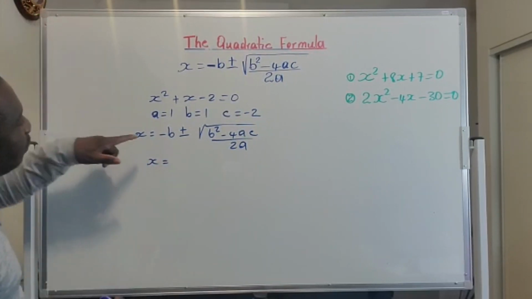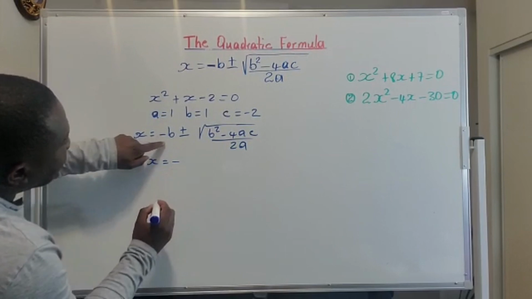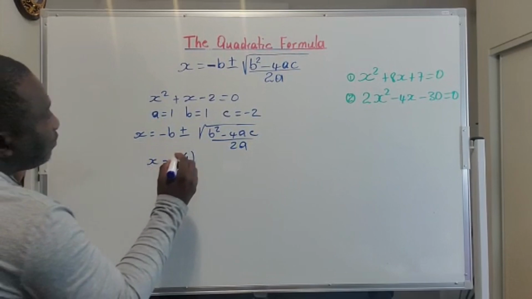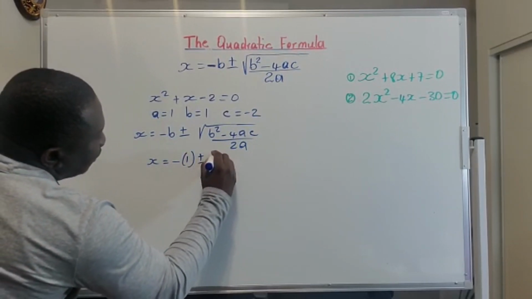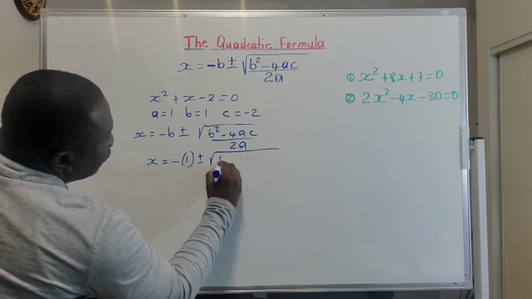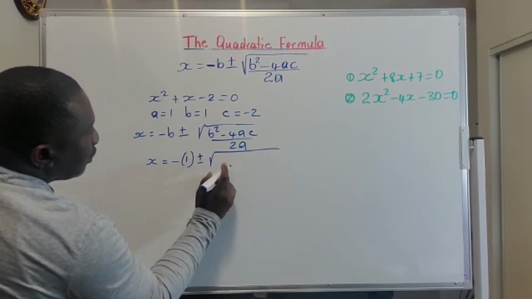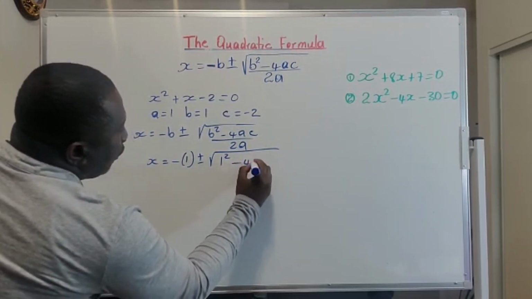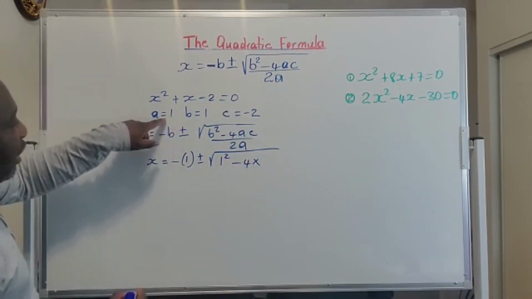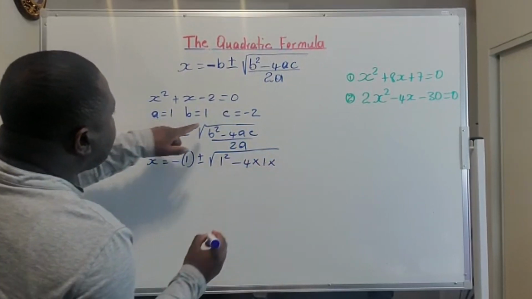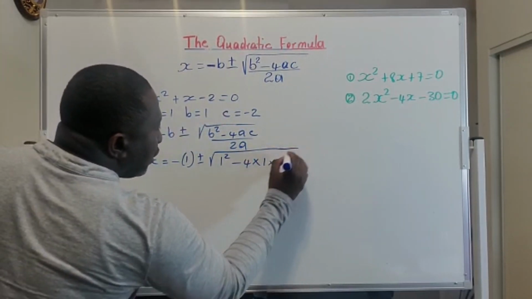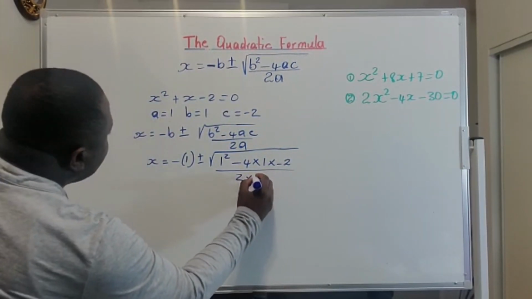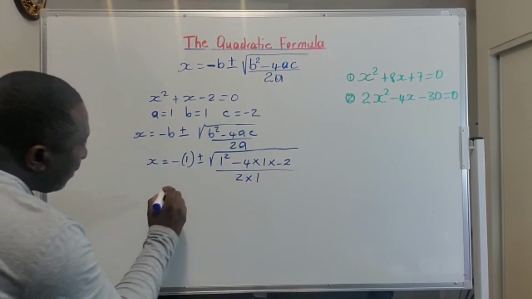X is equal to -b, so maintain the negative sign, and b is positive 1, plus or minus b squared, so 1 squared, minus 4 times a is 1 times -2, and this all goes upon 2 times the value of a, which is 1.